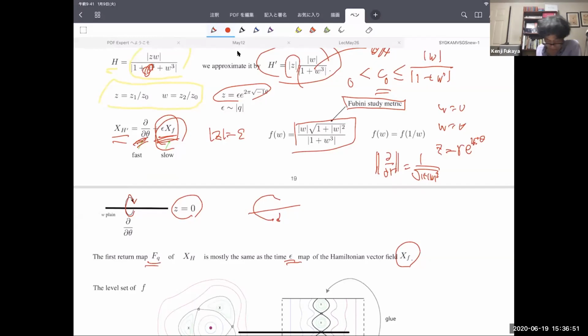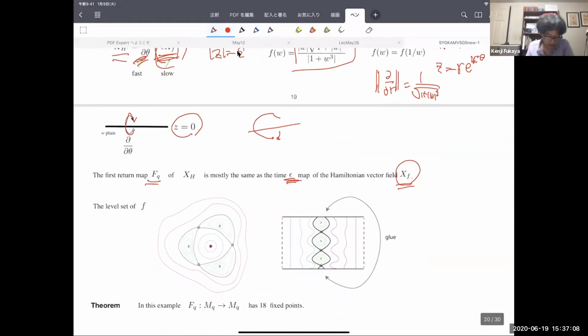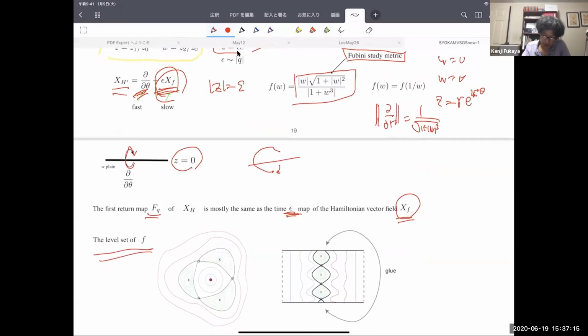So the first return map F_Q on this particular part looks like this time epsilon map of this Hamiltonian vector field. And what's nice is that now we have this projective space and some particular Hamiltonians, and you can integrate, right? So you can just look at this level set of f, and that is this. You just draw this level set of this particular function.